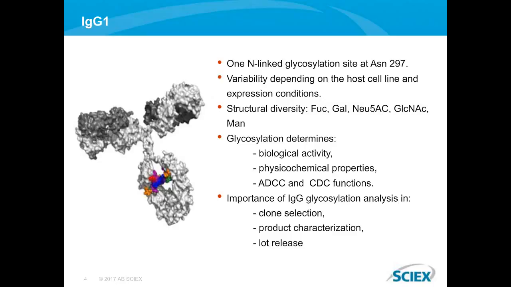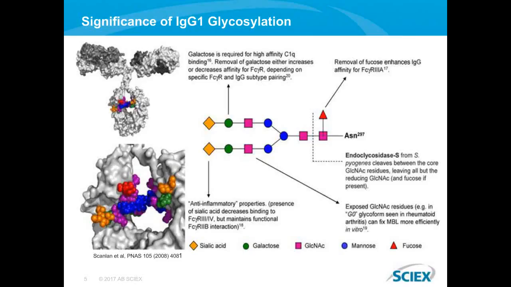So the importance of checking these IgG glycosylation sites is at clone selection, obviously, to pick the right clone for development, product characterization during the process, and at lot release. So let's see first the significance of these glycosylation sites.